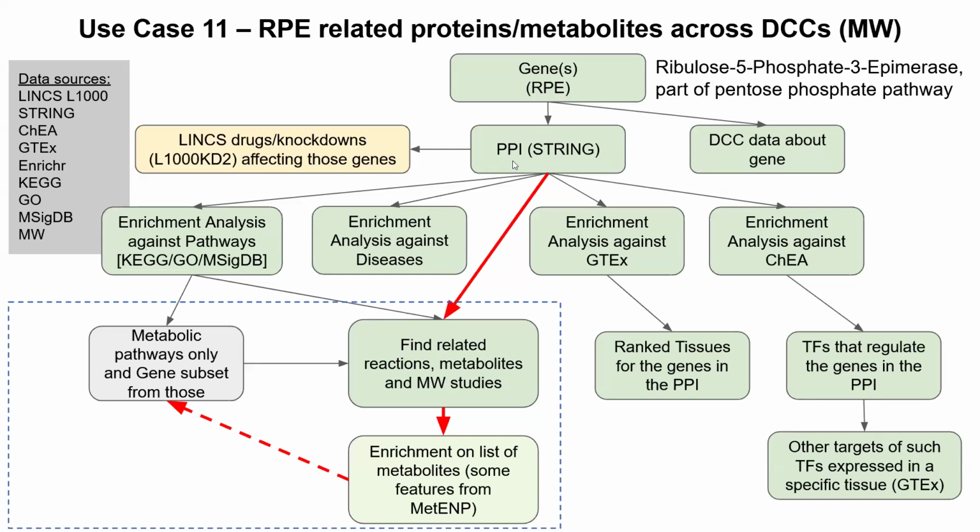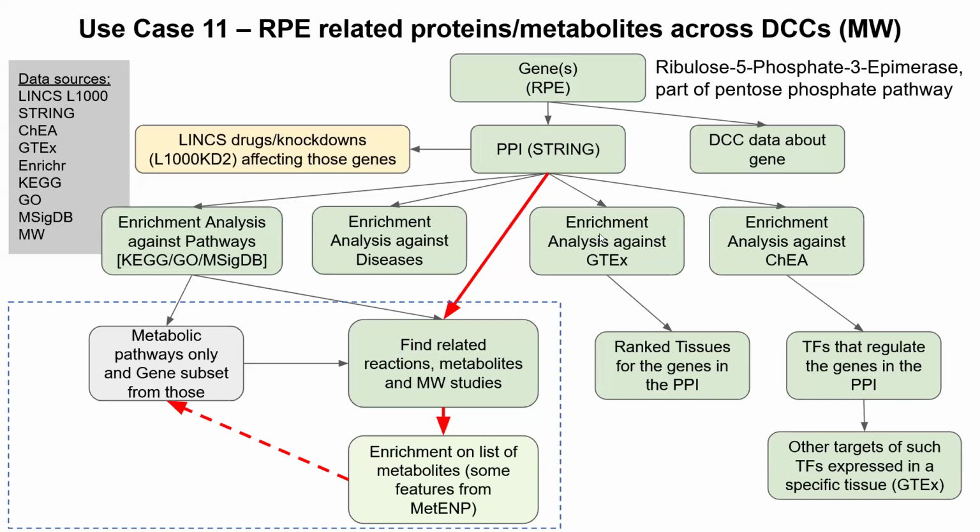Then once we have a list of genes based on the protein-protein interaction network, we can do enrichment analysis against diseases to find out what potential diseases might be associated with the group of genes that we are looking at in the protein-protein interaction network. One can also do enrichment analysis with respect to pathways such as KEGG pathway, gene ontology, etc.